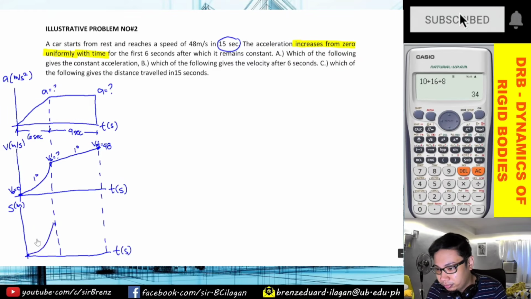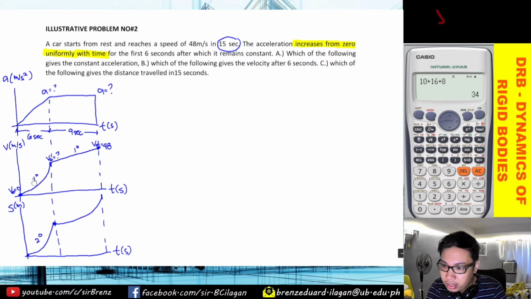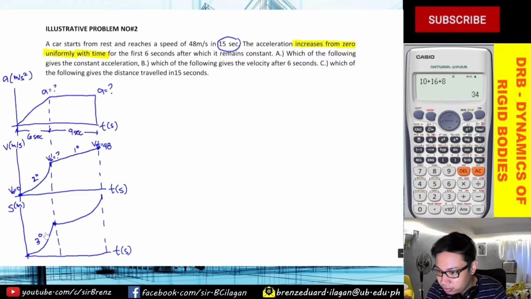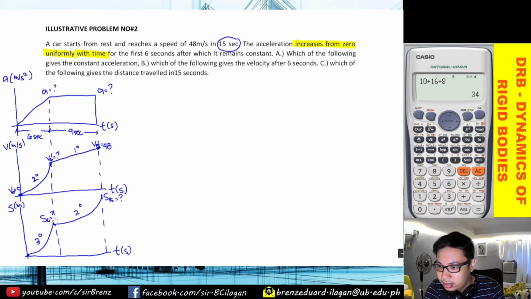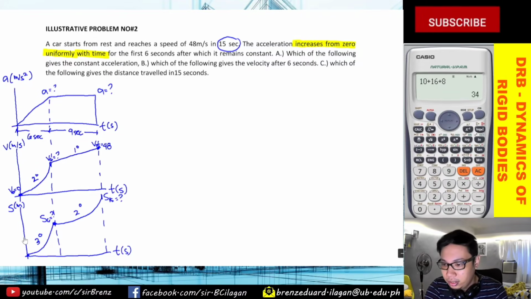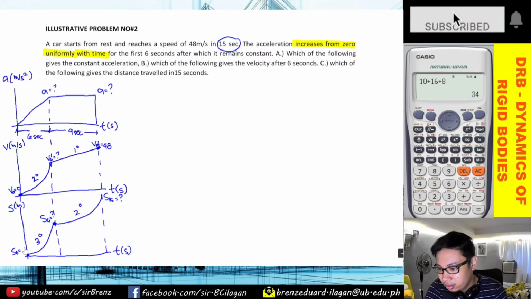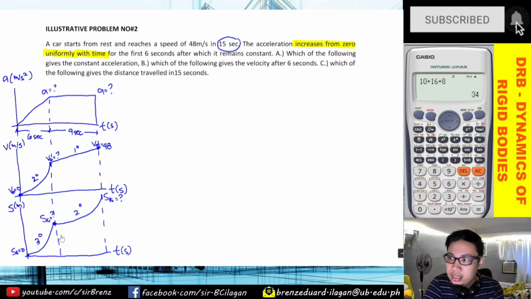This will be second degree, minimum, maximum, and this one will be third degree. We denote this as S15, the displacement after 15 seconds. This one is the displacement after 6 seconds, and this is the displacement at 0 seconds, which obviously equals 0 since no motion has happened yet.